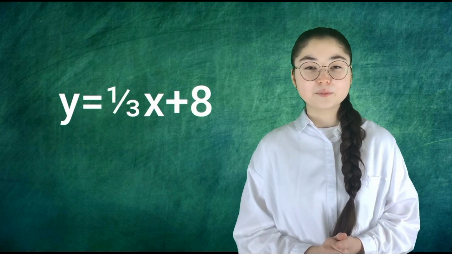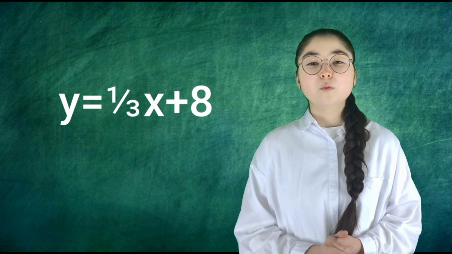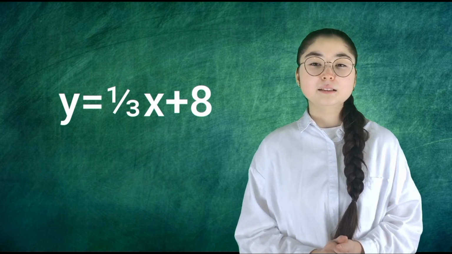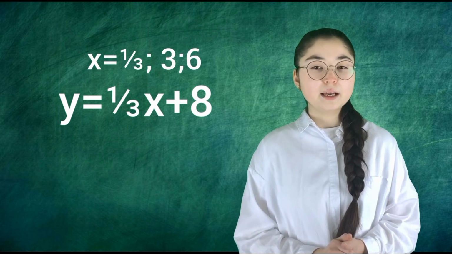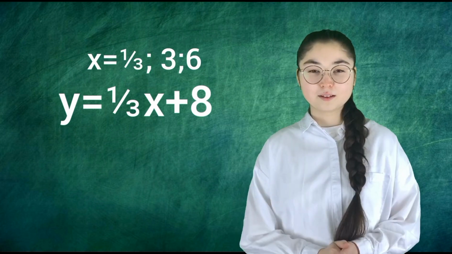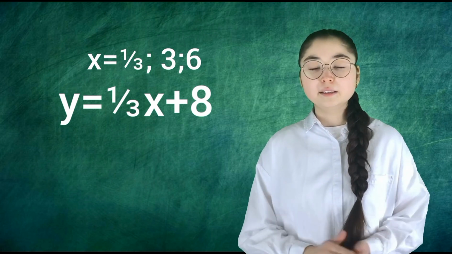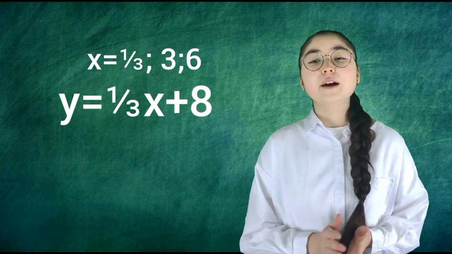For example, the function is y is equal to 1 over 3 multiply x plus 8. And the values of x are 1 over 3, 3, and 6. We must find the values of y. To find them, we must put the given value instead of x.